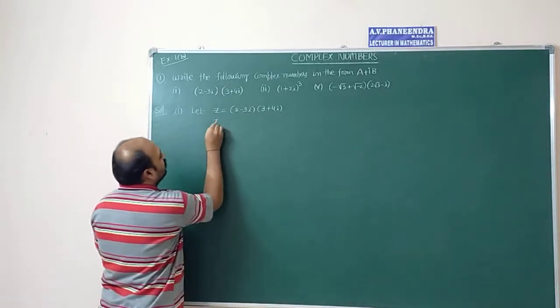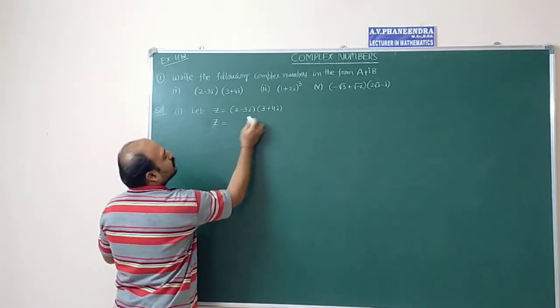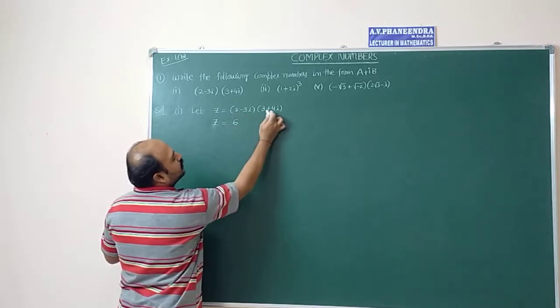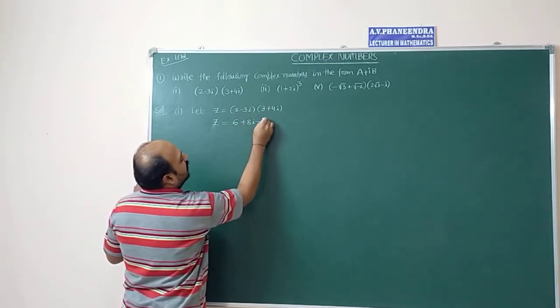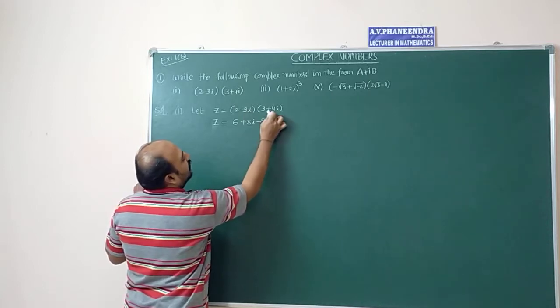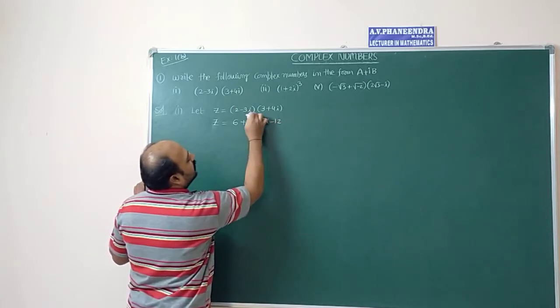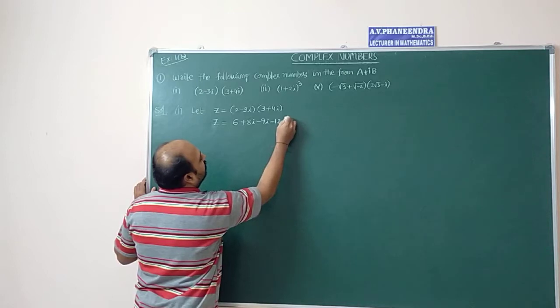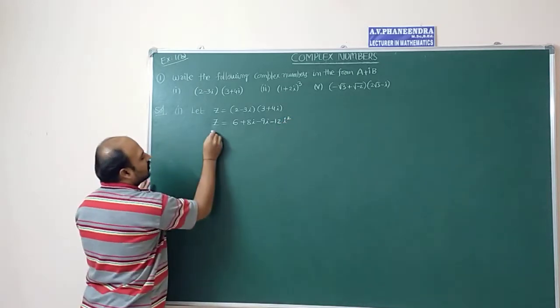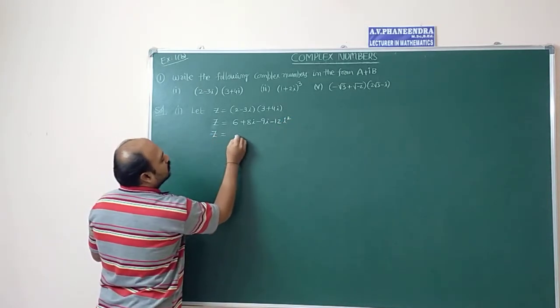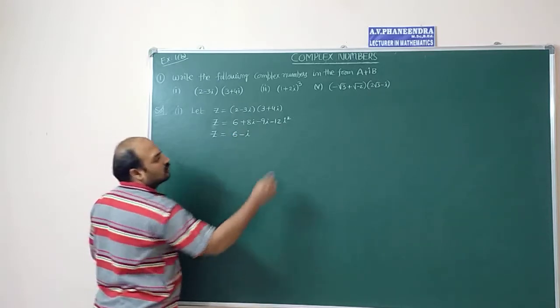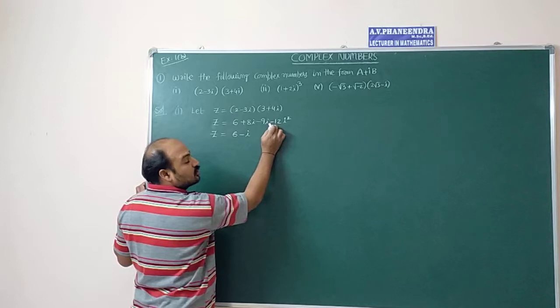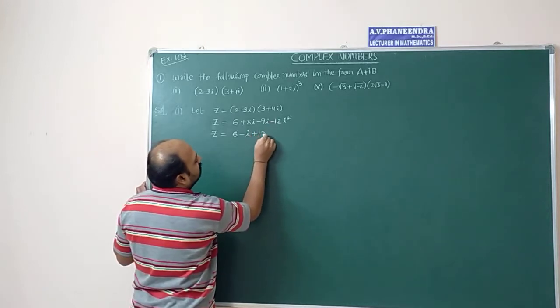which is equal to 2 into 3 is 6, 2 into 4i is 8i, minus 3i into 3 is minus 9i, minus 3i into 4i is minus 12 i square. So therefore z is equal to 6 minus i square value minus 1, minus into minus 12 plus 12.